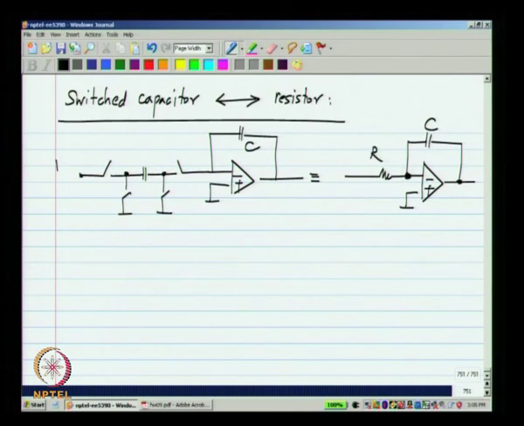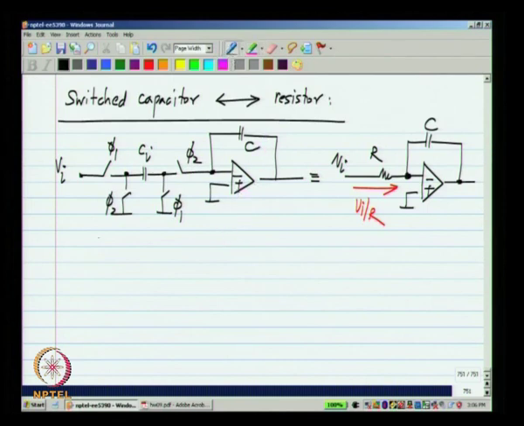But let us say you have an input signal Vi, and let me choose these phases like that, and also an input signal Vi over there. We know that the current that flows here will be Vi divided by R. Okay. Now, if you look at the corresponding current that flows here, what happens is in phi 1 this capacitor is charged to Vi, and in phi 2 that charge is dumped on C. Okay.